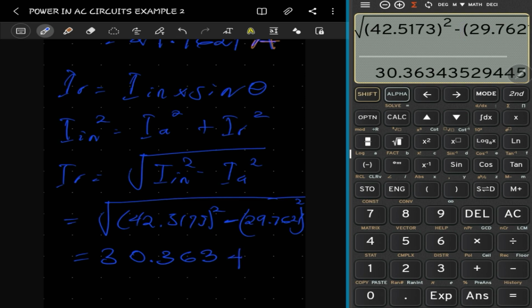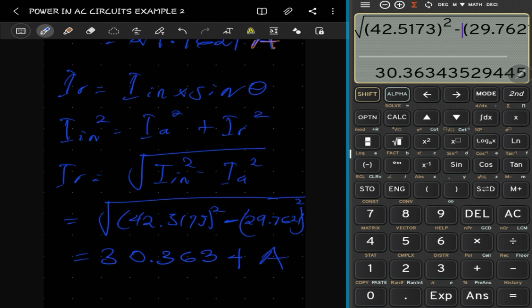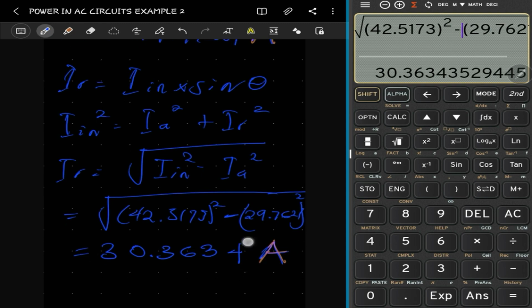There's a way to get the number of decimal places that you want. 30.3634 is current, so amperes. Unit very important.